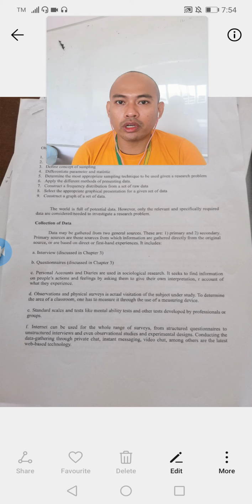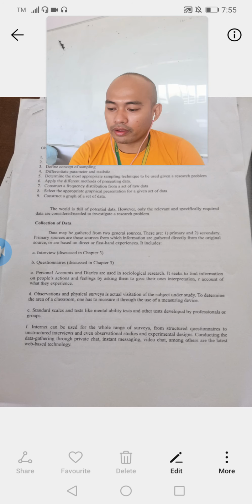This is very much needed when a researcher is trying to study sociological type of research, because it seeks to find information on people's actions and feelings by asking them to give their own interpretations. So this will be through personal accounts and diaries.